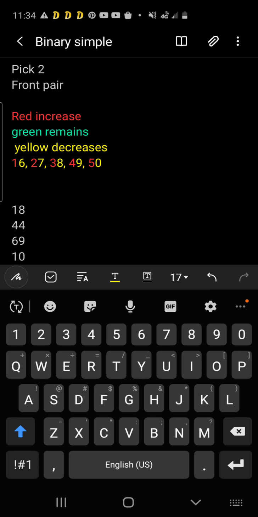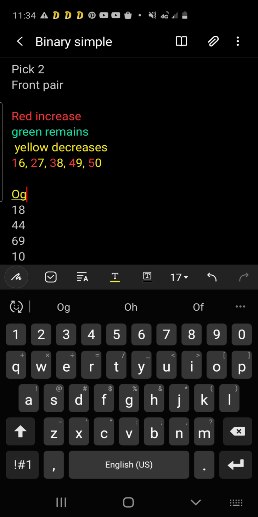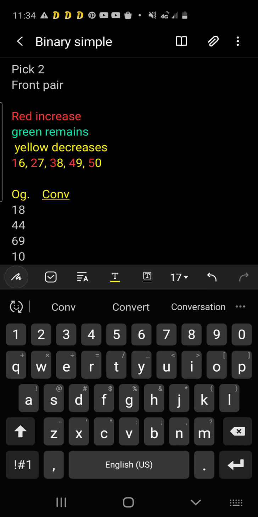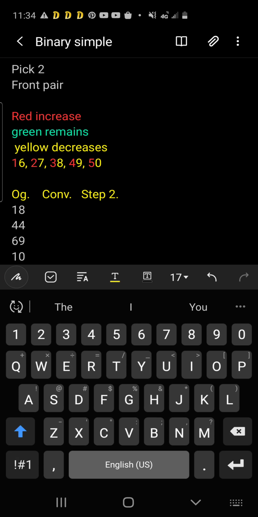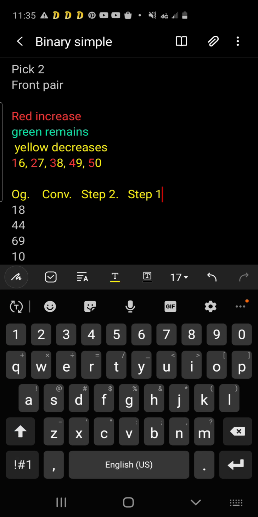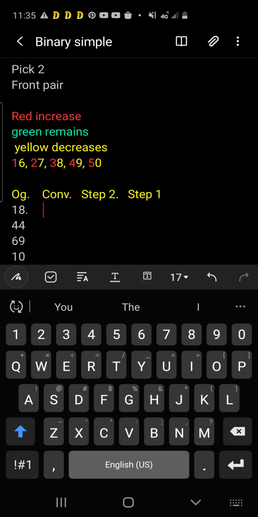You can go ahead and put OG for original. You're going to have the conversion right here. Step 1, step 2, and step 1. All right. We can keep that closed. So let's go ahead and convert this 1 to 8.